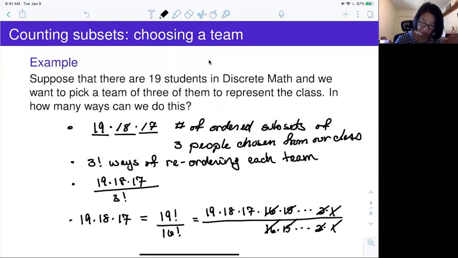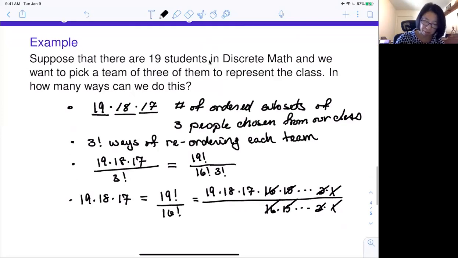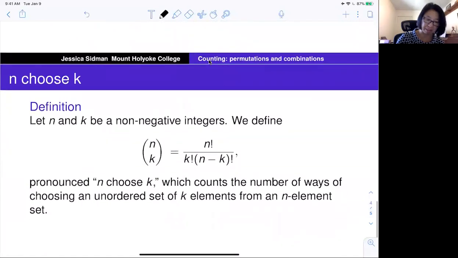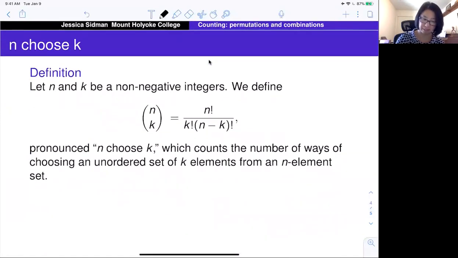So another way of writing this is 19 factorial divided by 16 factorial. That just gives me the 19 times 18 times 17, and then I still have to divide by 3 factorial. So you might have seen that formula before, and if you haven't, here it is.